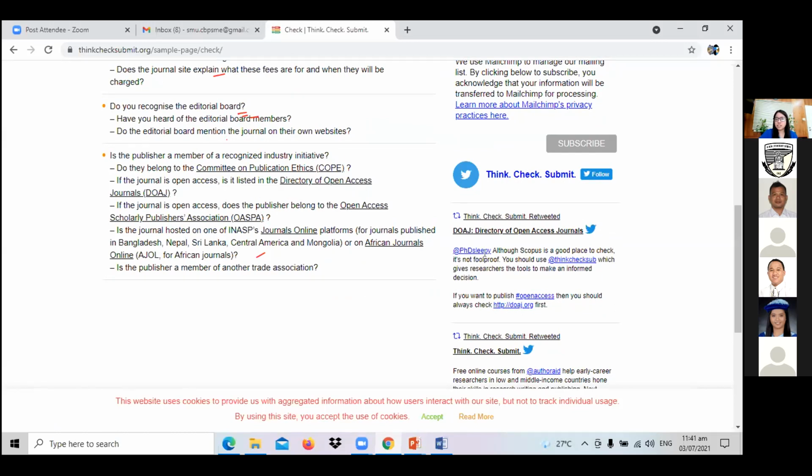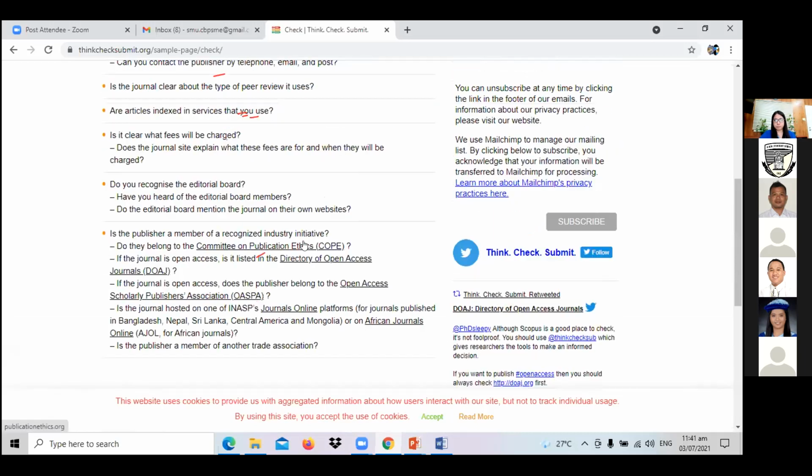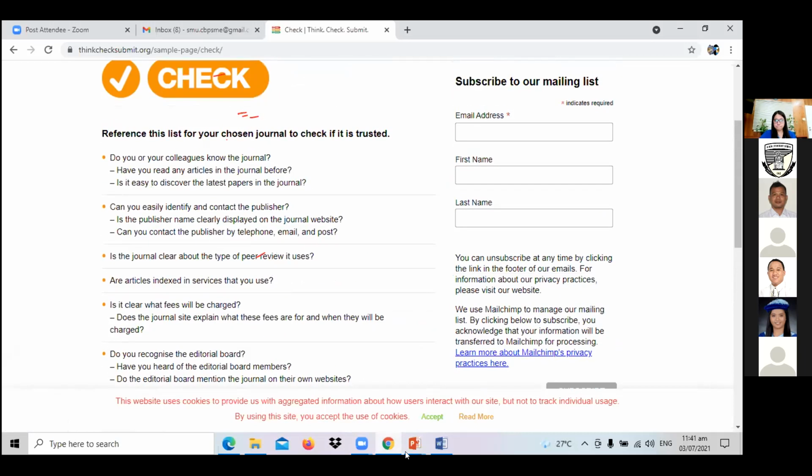Open Access Scholarly Publishers Association, Journals Online, and all others. So the last one is, is the publisher a member of another trade organization or association?